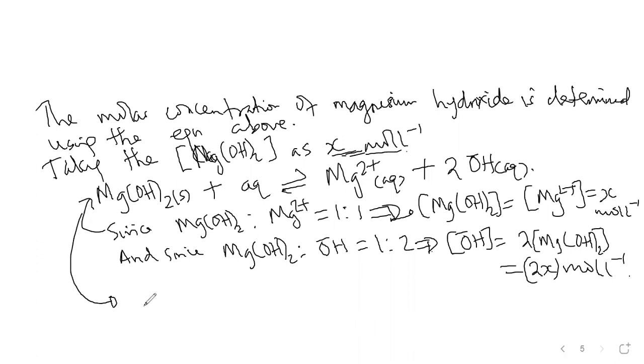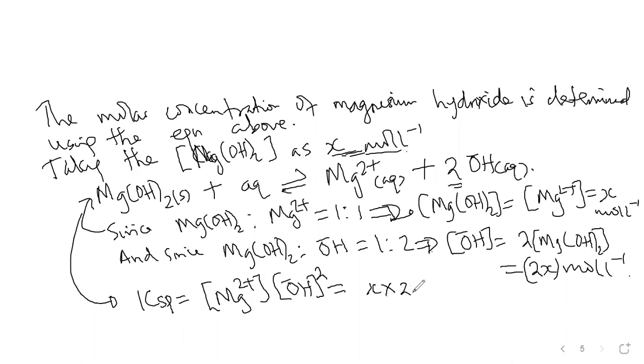So from this, what is our Ksp expression? Ksp is equal to magnesium ion concentration multiplied by the hydroxide ion concentration squared because of this 2 here. This will give me the concentration of magnesium ion is x multiplied by that of the hydroxide ion, which is 2x, but this hydroxide ion concentration is squared.